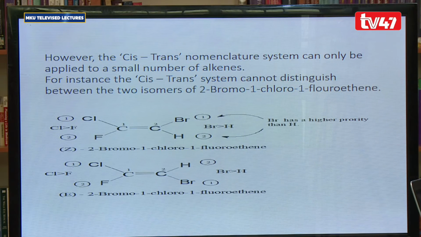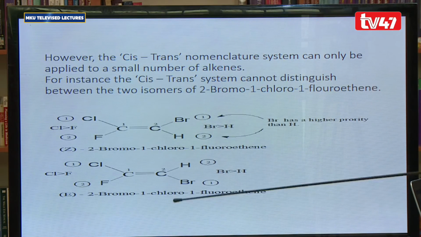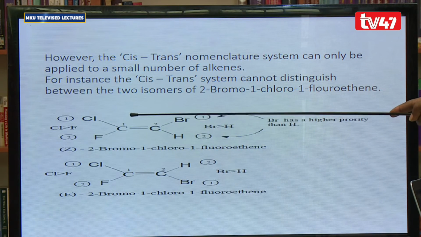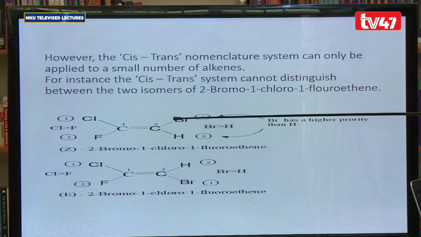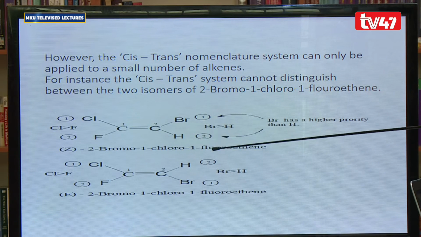If the ones are on the same side, then you consider it cis. If the ones are on opposite sides, then you consider it a trans isomer. In the first example, the number ones are on the same side, so this becomes a Z isomer: Z-2-bromo-1-chloro-1-fluoroethene.